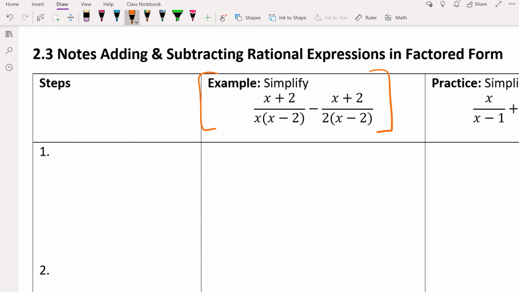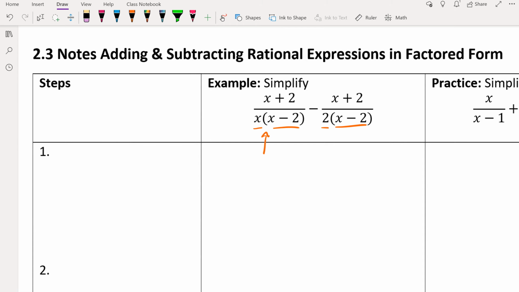Okay, and we are going to write steps on the left. So, adding and subtracting rational expressions in factored form. Here we go. First of all, what operation do we see here? We see subtraction. So our first problem is a subtraction problem, and we have factors. You can see we have x minus 2, 2x minus 2, factors in the denominator.